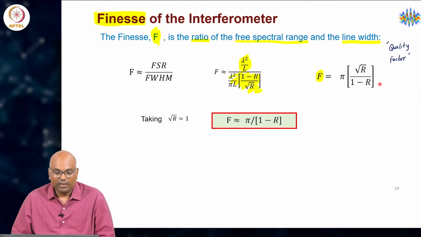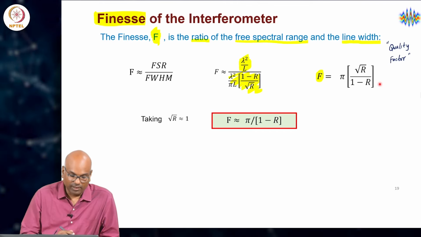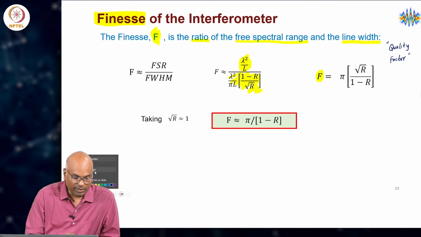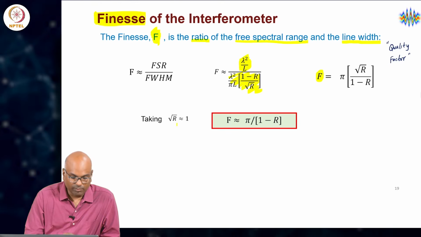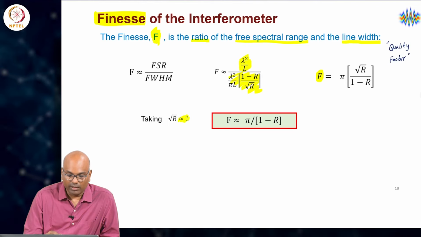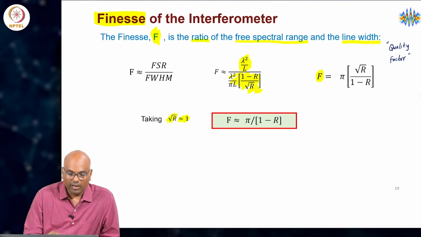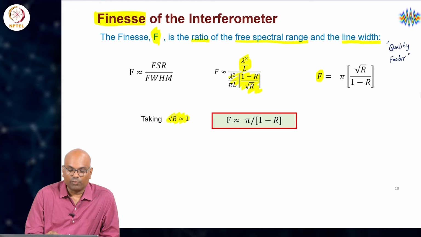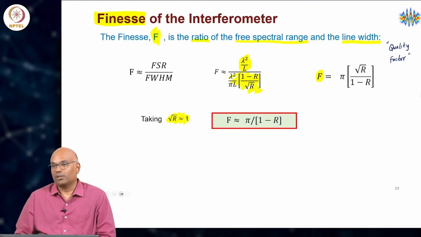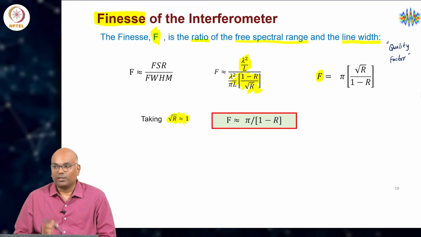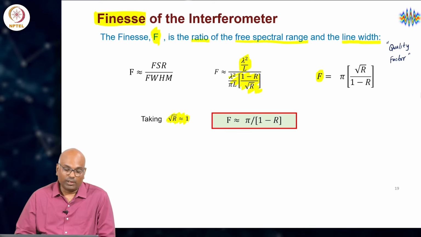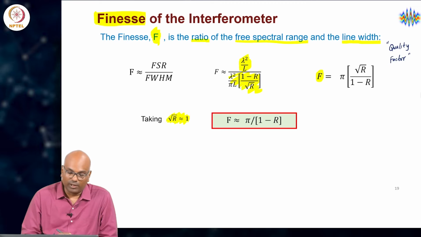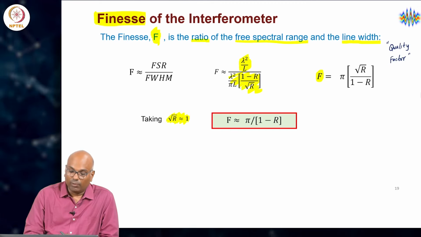But let us exploit the fact next that the reflectance of the mirror is pretty close to 1. It is nearly unity, especially if we are in the race to make the next best resonator. You want mirrors or reflectors of extremely high quality and reflectivity. So, the square root of R is also nearly 1.